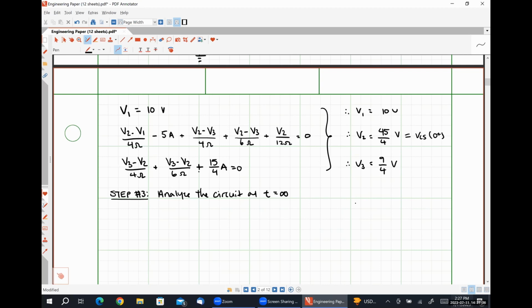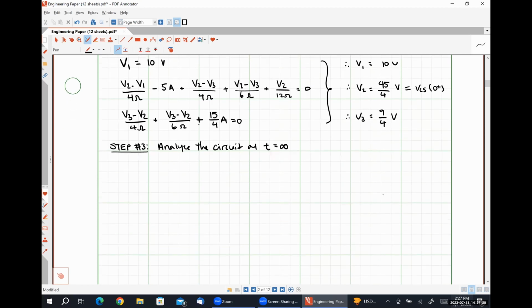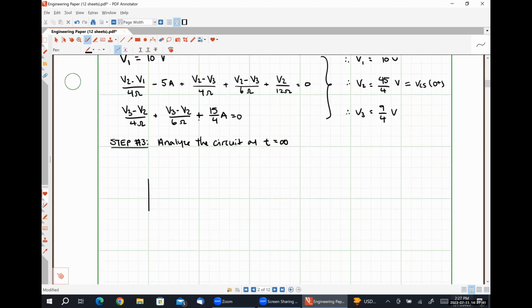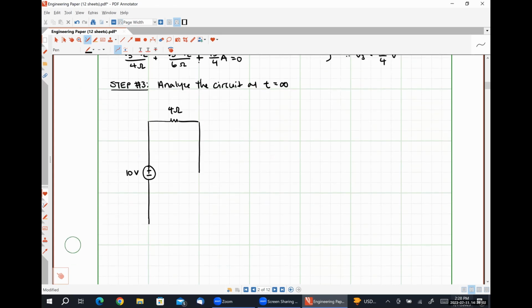All right, so at t equal to infinity, our switch is still closed. But now we are once again at DC steady state, which means that our inductor is going to look like a short circuit again. So here's our 5-amp source.